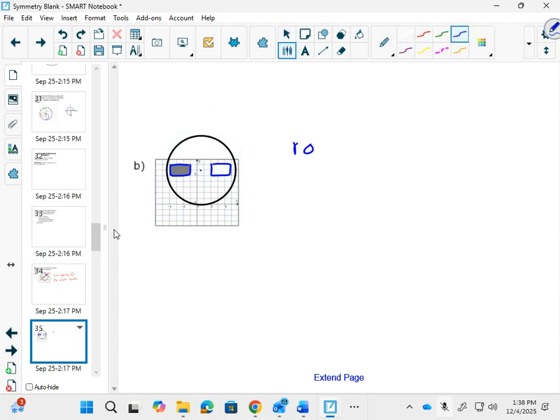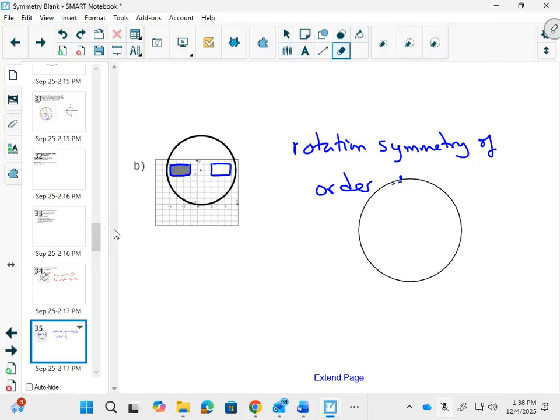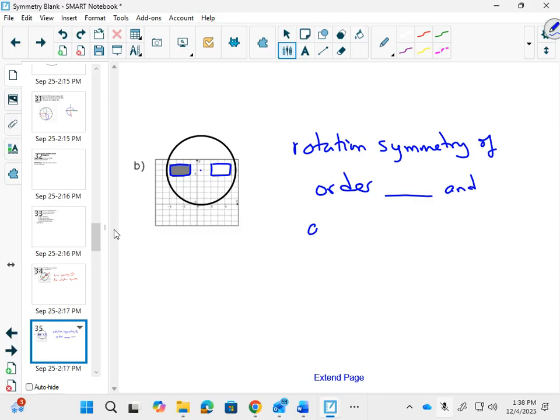What would be the order? You guys have to know this one. How do we say the order of it, the way that it matches up? Order of blank, and angle of rotation of blank.